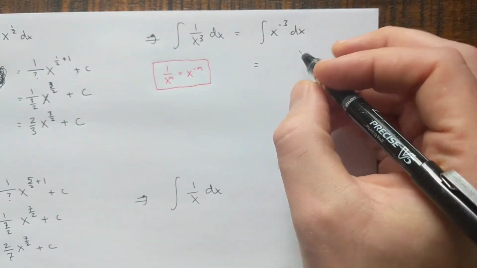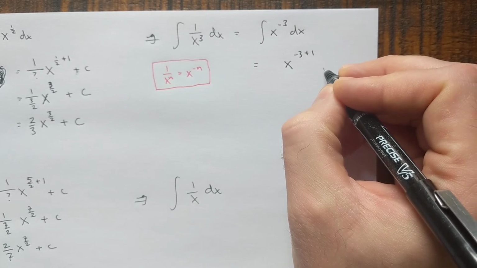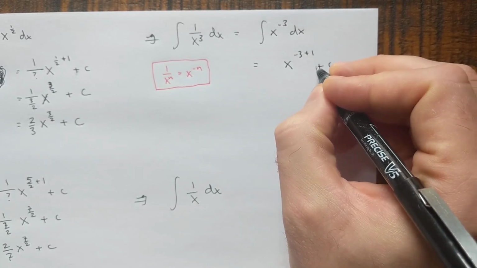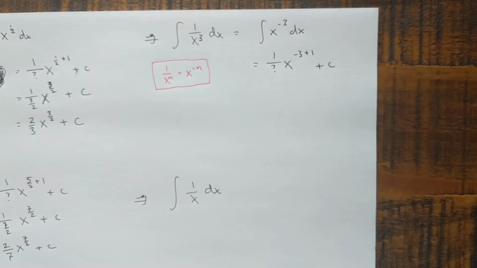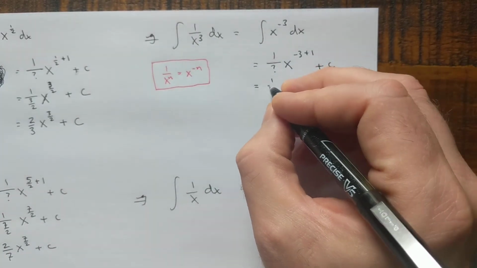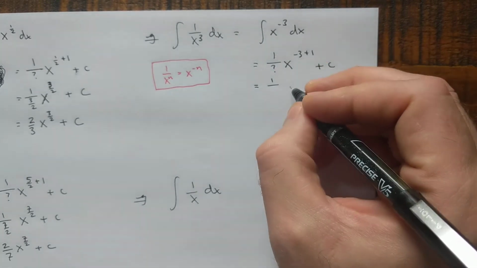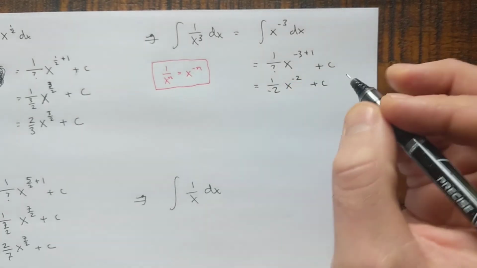I have an exponent. I'm going to add 1 to it. And then I have a plus c here. And then whatever my answer is to this will be the bottom of this fraction, 1 over something. So it's going to be 1 over negative 3 plus 1, which is actually negative 2. So negative 2 goes here.